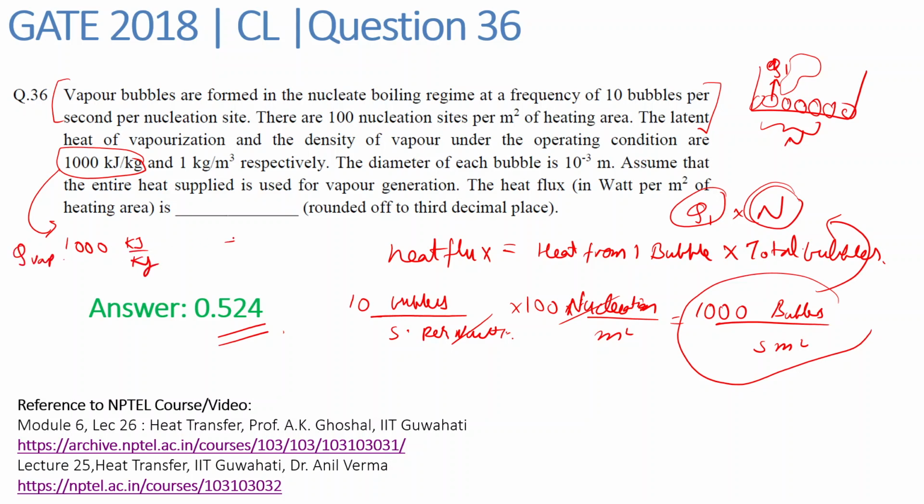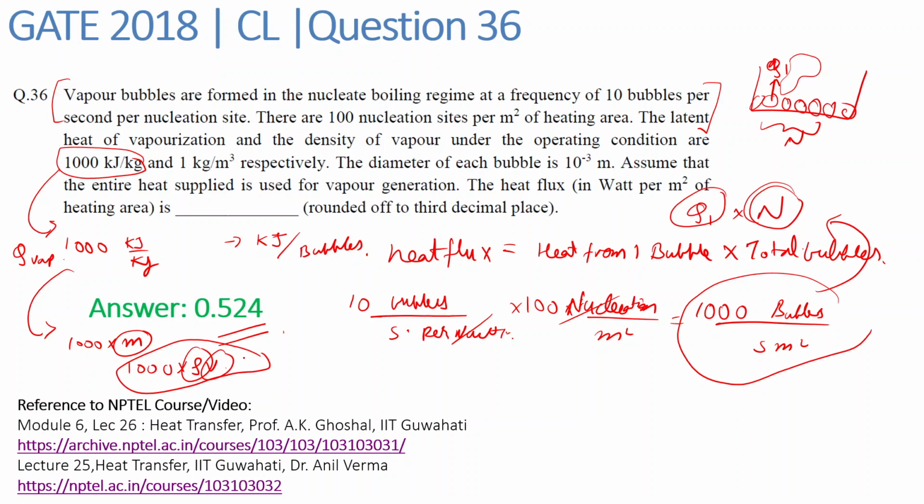Now we have to change this to kilojoule per bubble, so we can multiply this 1000 by the mass of each bubble, and this mass we calculate as rho times v, where the volume is pi by 6 d cube, and the density we have been provided.